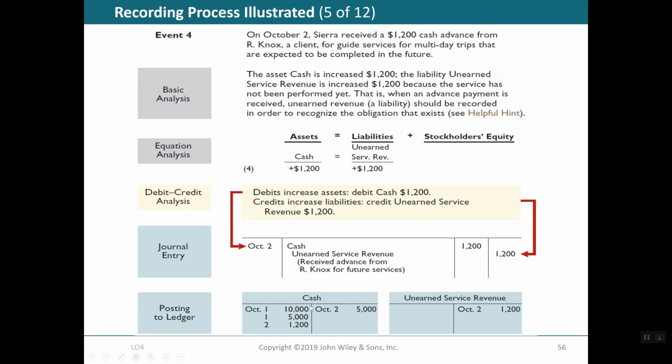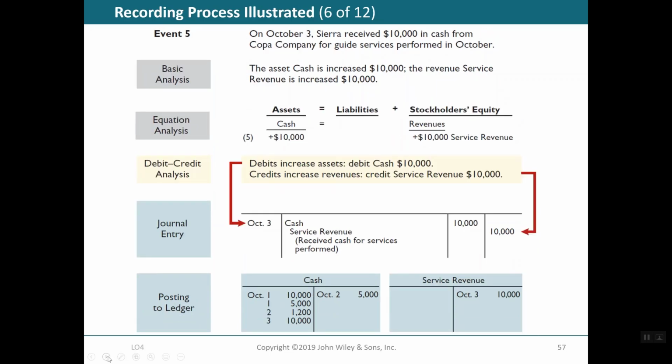We post that to our account. So cash account on the 2nd of October is 1,200, and for the unearned revenue, October 2 increase in liability is 1,200. You see how we are accumulating under the cash account, right? This is from all the events that we have done. We have 4 of them, and most of them have affected the cash account.